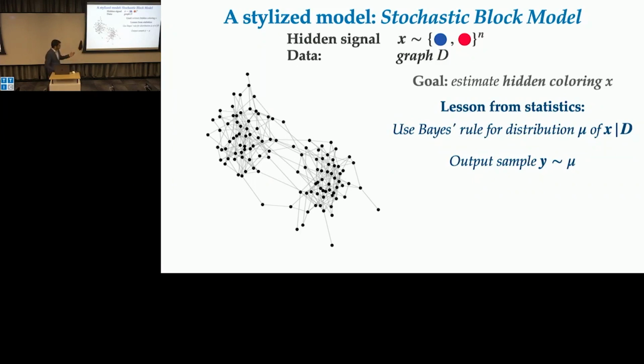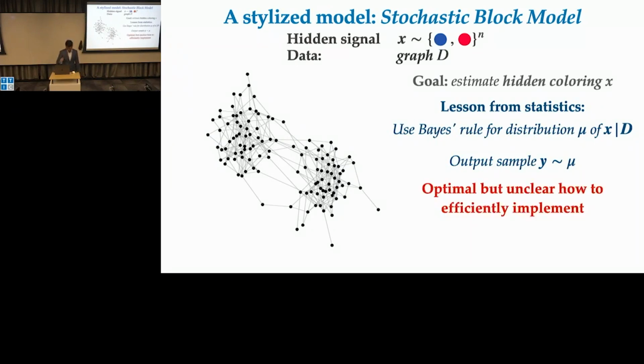And it turns out if you simply write down this posterior distribution and sample from it, you get an optimal algorithm. That is, you get an algorithm that estimates the maximum fraction of colors correctly. That's possible information theoretically.